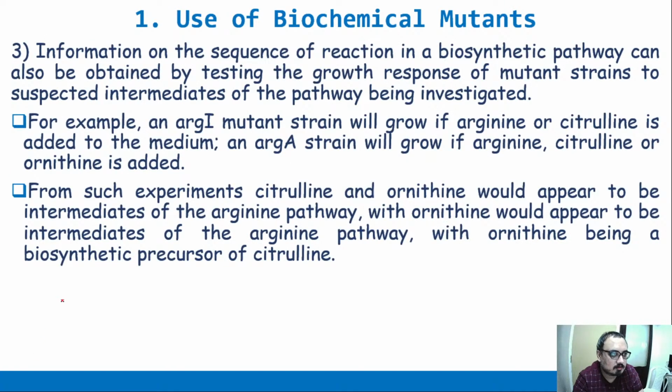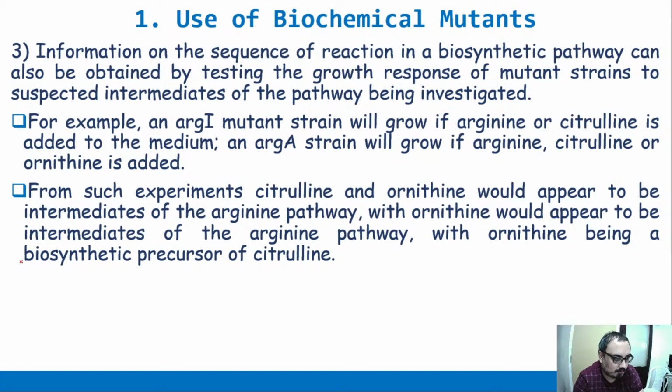Now the third one, in the case of biochemical mutants, is the use of growth response factors, which we have discussed again. For example, an arginine I mutant strain will grow if arginine or citrulline is added to the medium, or an arginine A mutant will grow if arginine, citrulline or ornithine is added.